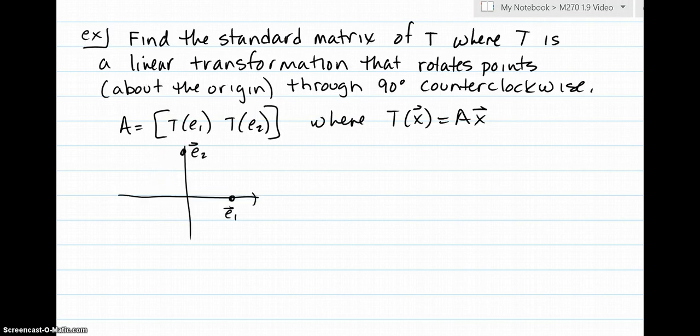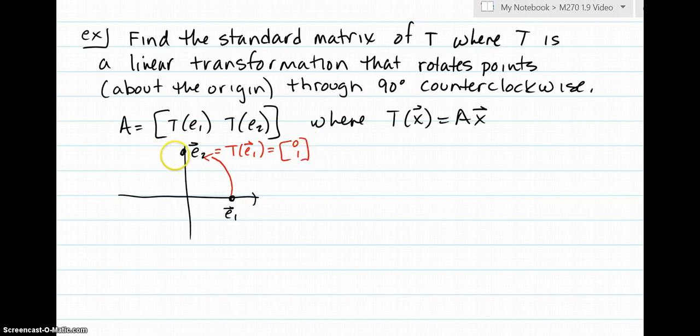Here is E1 and there is E2, and we're going to rotate these. I'll keep it all on one graph, but you could do two different graphs. I'm going to rotate the E1 point 90 degrees. This becomes T of E1, which is the point (0, 1).